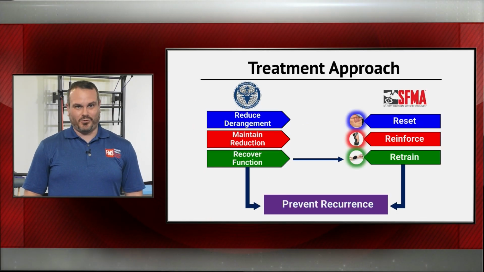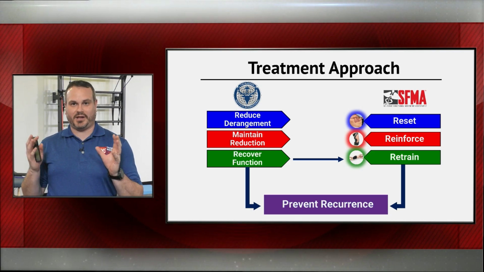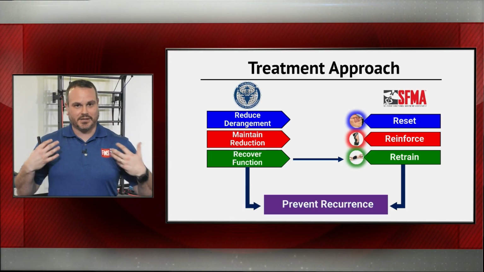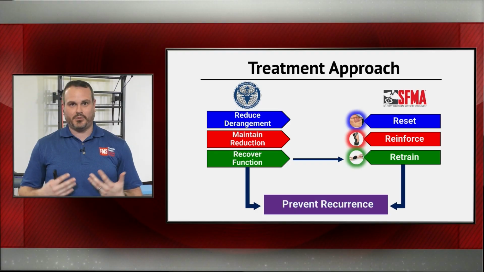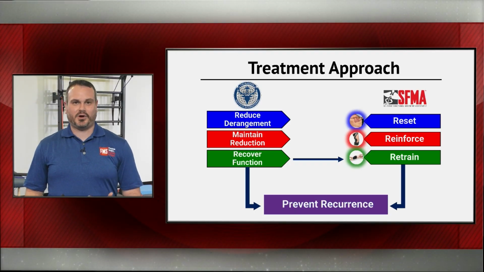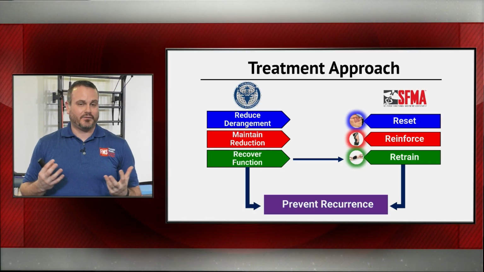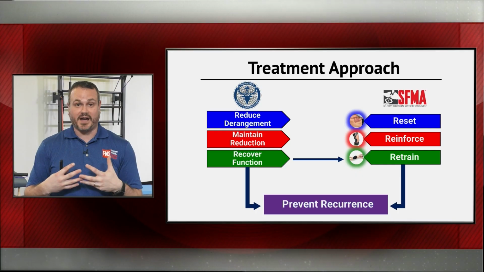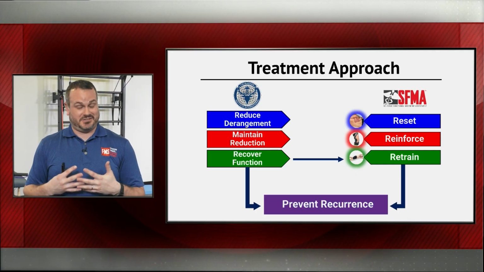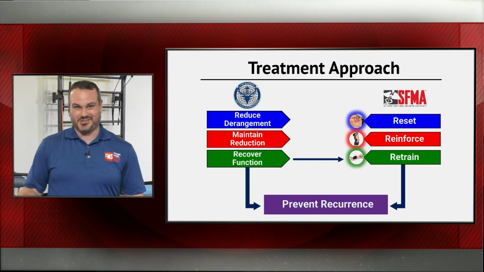So when I think about classic MDT model and I think about the SFMA model, I look at that and I see more similarity than I see differences. And that's why I say with evidence-based practice, functional movement systems and whatever methodology you're utilizing can have a lot of complementary effects where they can really work together to help patients achieve their goals.